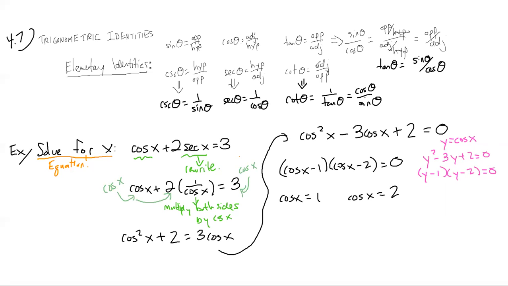Now, hopefully you remember that 2 is not in the range of cos. Cos x cannot be 2, because cos x is always between -1 and 1, so that's not possible. But cos x equals 1 is possible. I don't really like using the xy plane to solve cos x equals 1, so I like to actually do the graph of cos.